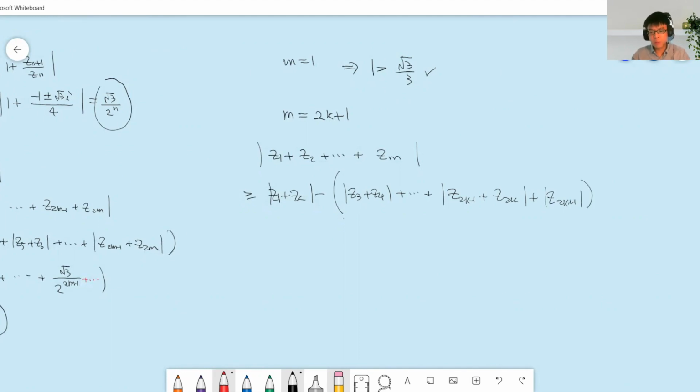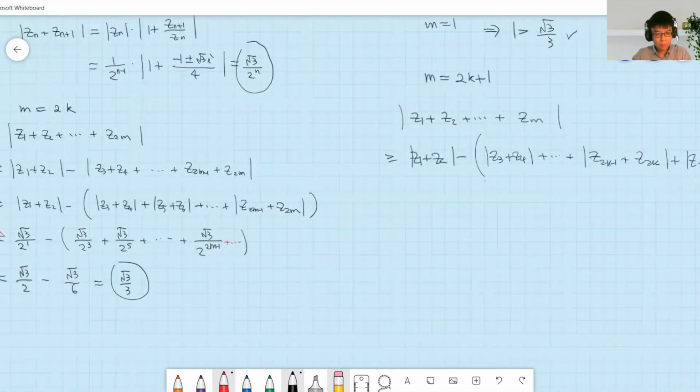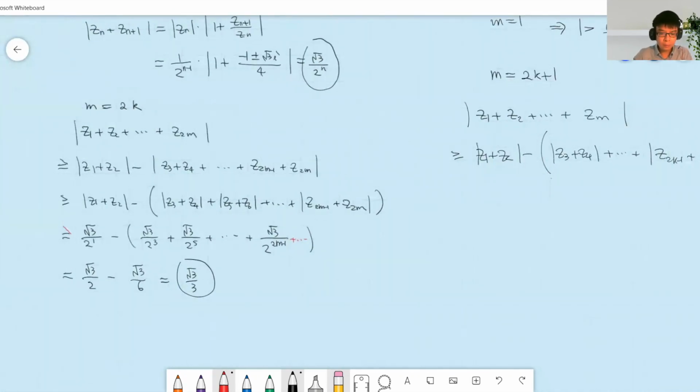We try to use the previous idea. In the previous part, the idea is we can add this additional term and do the computation.